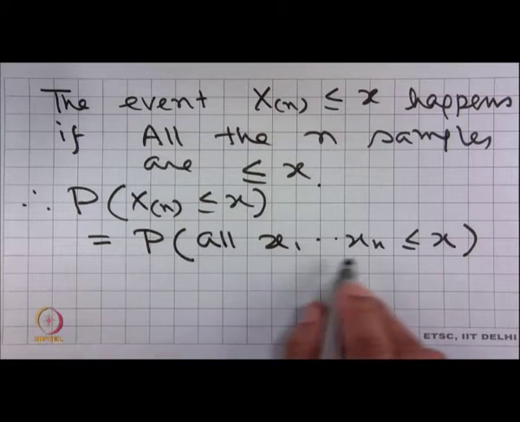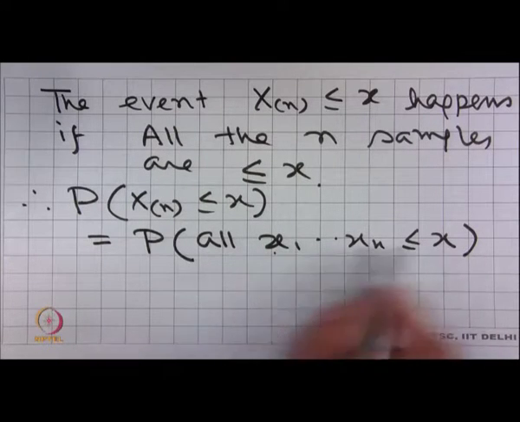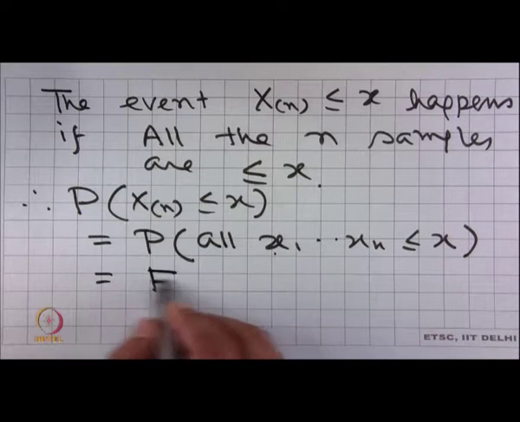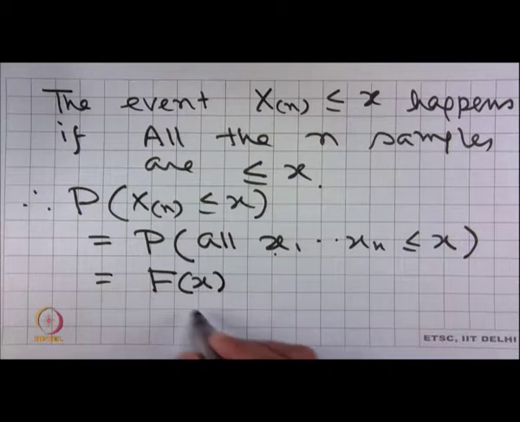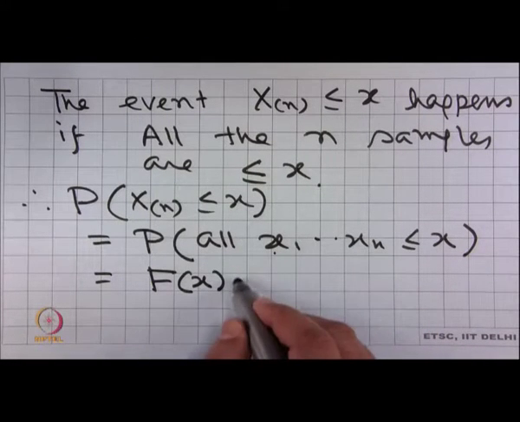And what is the probability that any one of them is less than or equal to x? That is F x. Similarly, what is the probability that x 2 is less than or equal to x?